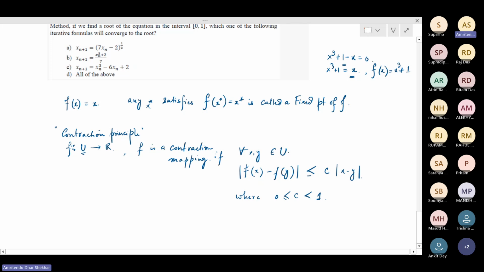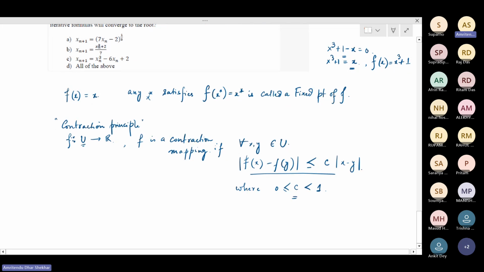If this property is satisfied, that is, if f is a contraction mapping, then we have one of the most fundamental fixed point results, called the Banach fixed point theorem.